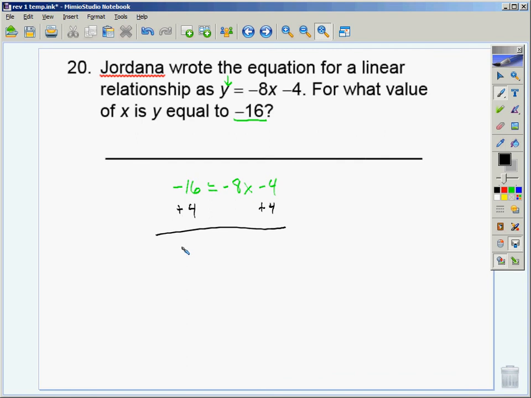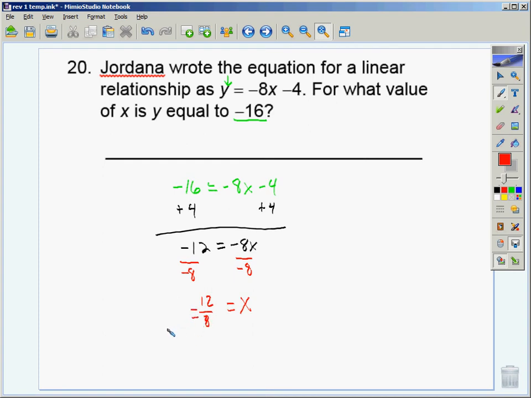Negative 16 plus 4 is a negative 12. I'm going to divide both sides by a negative 8. A negative divided by a negative is going to make a positive, so I actually have 12 over 8, which will simplify.